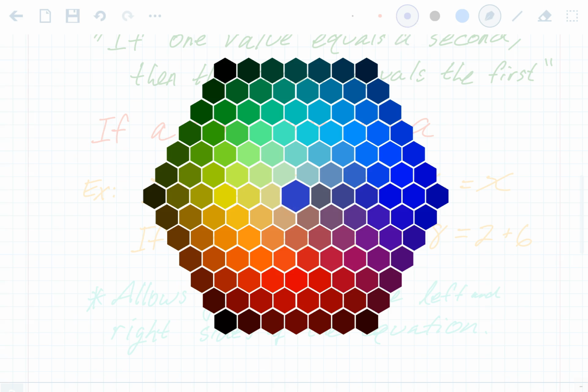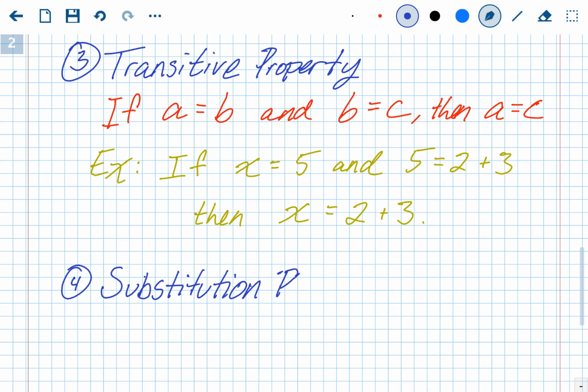The last property of equality is the substitution property. This one's very, very useful and will be very useful for us in the future. The substitution property states that any value can be replaced by its equal.